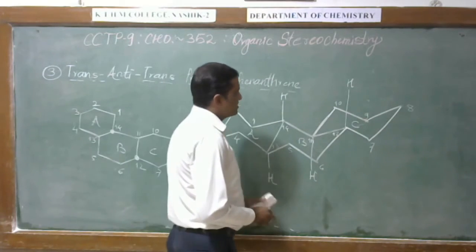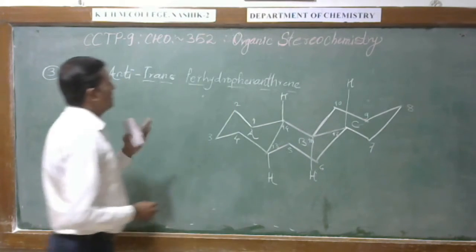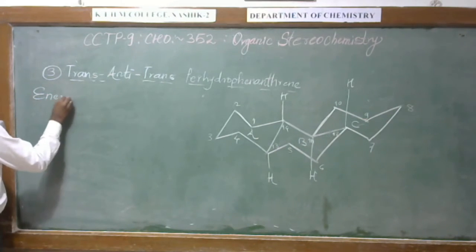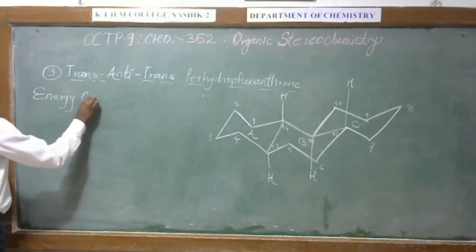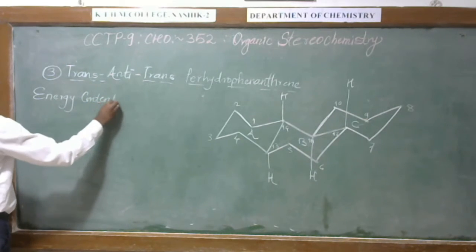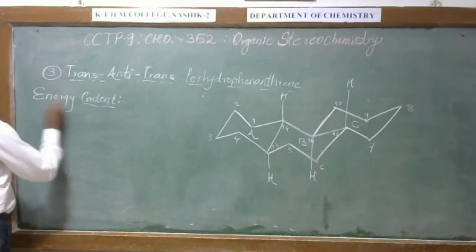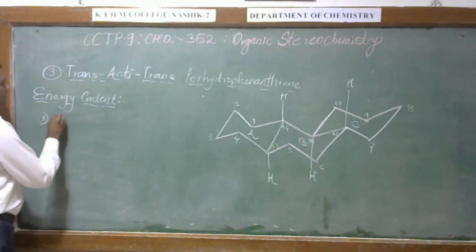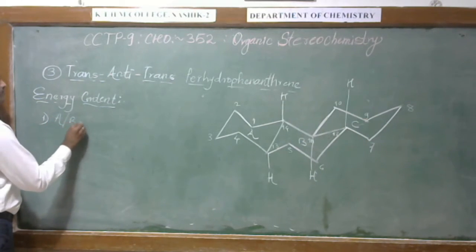Let us look towards its energy content. The energy content can be calculated like this by considering the usual way of ring fusions. First thing is AB ring fusion.